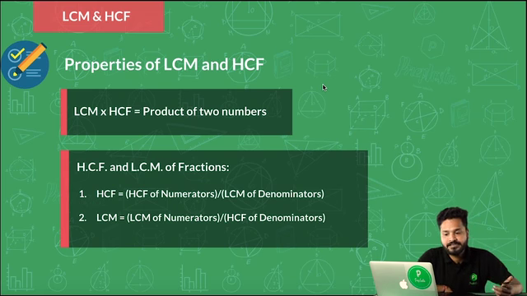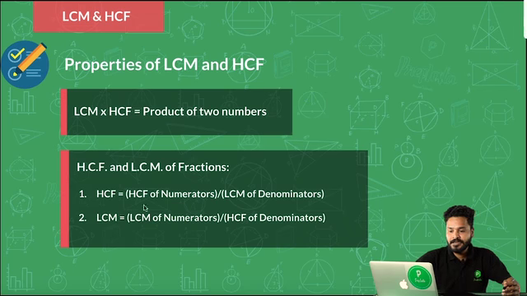Another property for LCM and HCF. In case of finding LCM and HCF of fractions, to find the HCF of fractions, we find the HCF of the numerators and we divide it by the LCM of the denominators. Clear? To find the LCM of fractions, we find the LCM of the numerators and then we divide it by the HCF of the denominators.